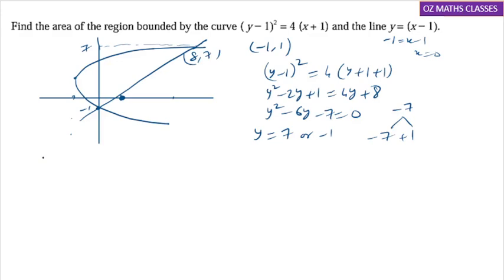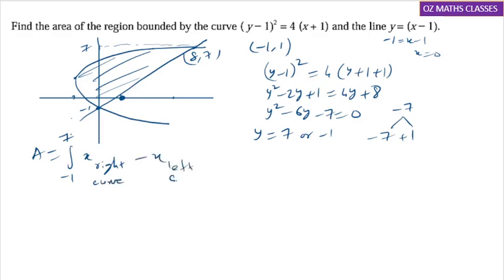So we have to find the area between the region. Here I am taking the limit as the y coordinate, minus 1 to 7 directly; I am not breaking at the origin. When you take the y coordinate as the limit, the integral is x of right curve minus x of left curve, dy, from minus 1 to 7.